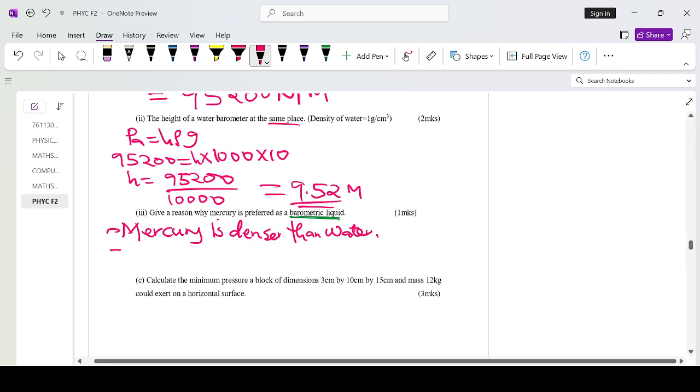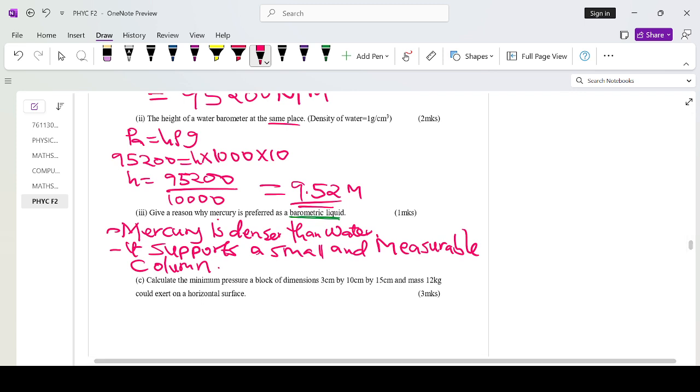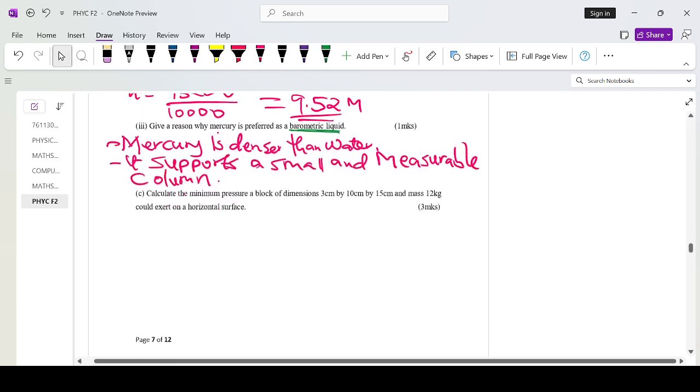Another reason is that it supports a small and measurable column. Please, I'm insisting on it being barometric because many learners tend to say it's opaque. Please take note of that keenly.